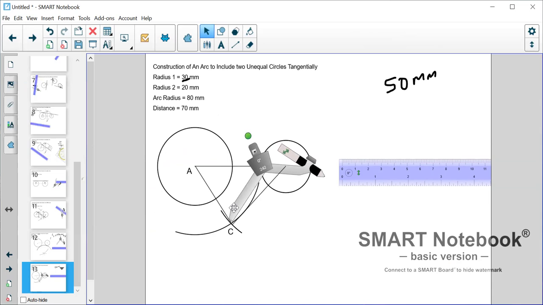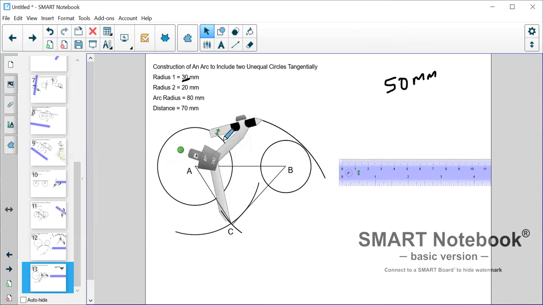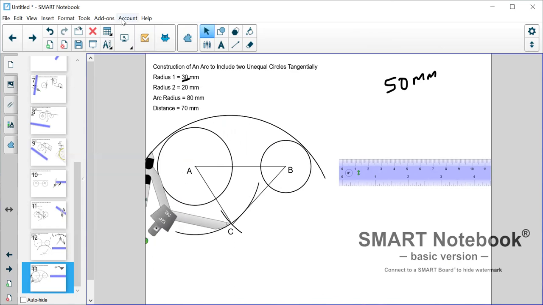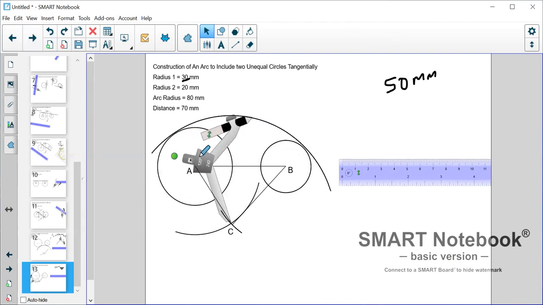Right, so I'll just attempt this and you would see if mine is accurate or not. All right, so I think, well, both of them missed by a little bit. And looking at the point of the compass, it's not directly at C. All right, let me try that now. But this one is a little bit closer. However, one of them would have missed. Right, so that's because I probably did not use accurate measurements while I was constructing this. Right, so you would need to ensure that you use accurate measurements.